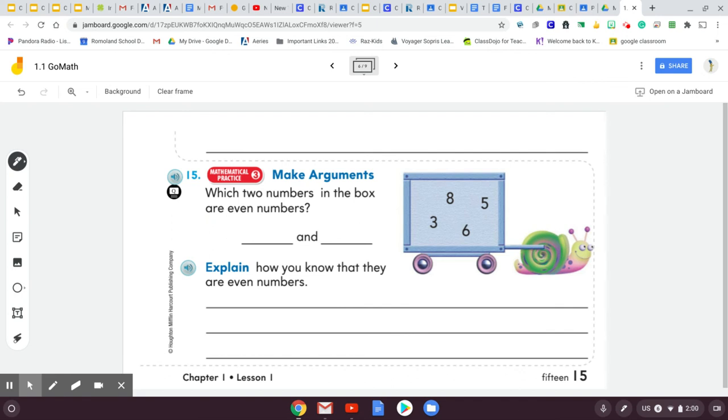And again, my even numbers are 0, 2, 4, 6, and 8. So what numbers do you see there? Right, you see 8 and you see 6. We're going to write 8 and 6. And I know they're even because I'm going to take 6 and make an array and pair them off. So I know that they're even.